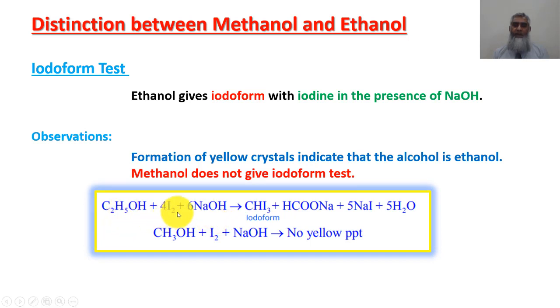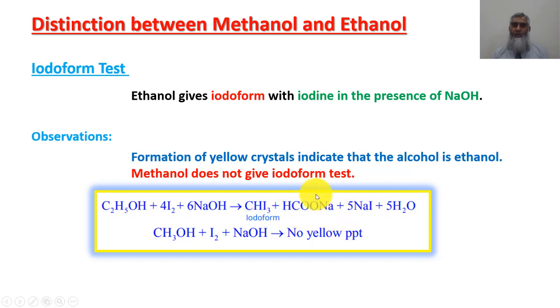Ethanol reacts with iodine in presence of alkali sodium hydroxide. The reaction produces yellow crystals of iodoform, CHI3, also known as triiodomethane, while sodium formate plus sodium iodide are also produced.